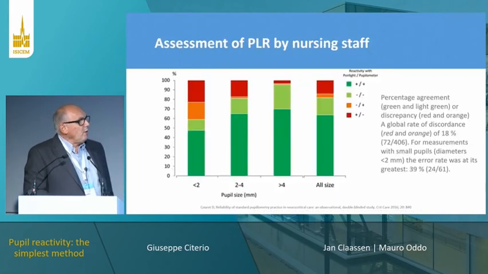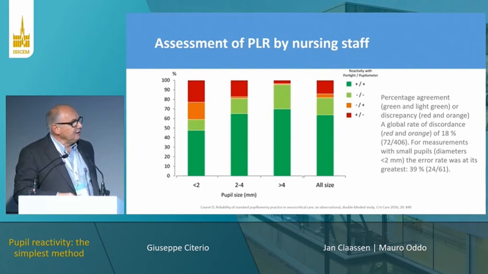And the way we did it since the birth of intensive care is to use a light pen, and a nurse was doing it at the bedside. What we discovered over time is that errors in this test, done by nurses in a non-standardized way, are very common.